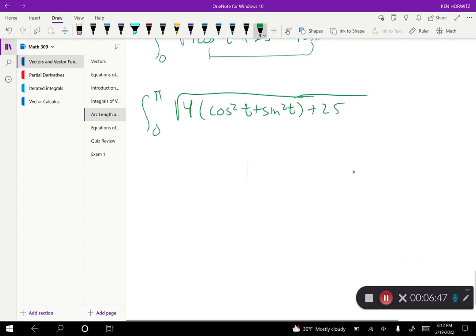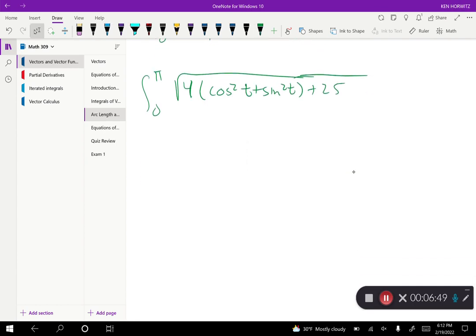And so I can further simplify this integral before I do the integral. So 4 plus 25, so I have the square root of 29. Now, simplifying this integral just makes it easier when it's time to integrate. So if I integrate, I get square root of 29 t, and I'm going between 0 and pi.